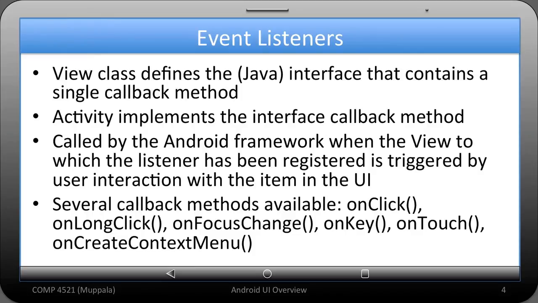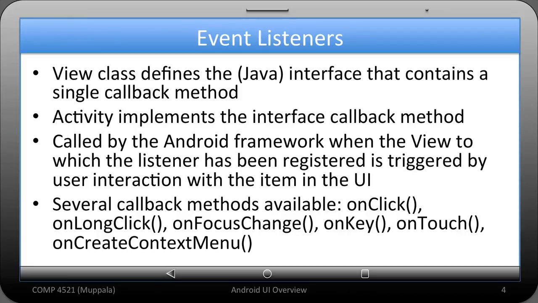This is called by the Android framework when the view to which the listener has been registered is triggered by the user interacting with that widget. So when you click on a button, then the on-click listener corresponding to that button will be invoked. Similarly, if you touch at a particular point on the screen and if you have implemented the on-touch method, then that method will be invoked by the Android framework.